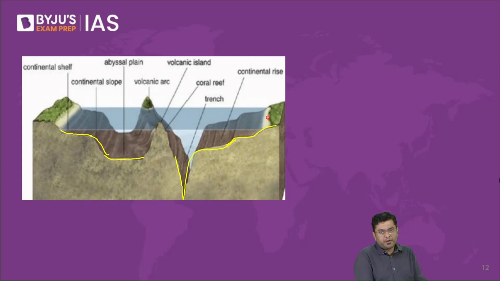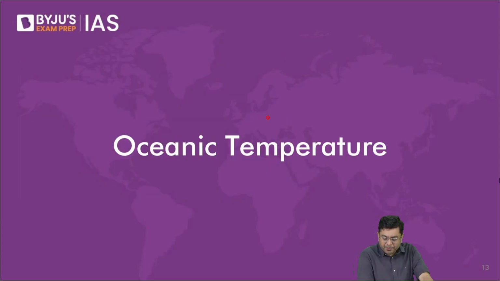Continental rise is created purely by deposits. When you have the seawater carrying those sediments, the sand particles, etc., they move down the region of the slope and get deposited at the foot of the slope. That is the continental rise. So that is basically the entire morphology, the entire topography of the ocean floor.